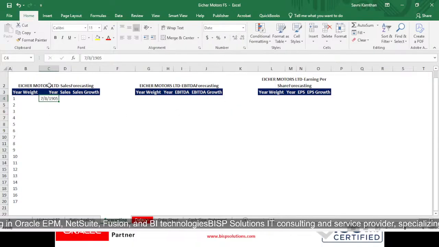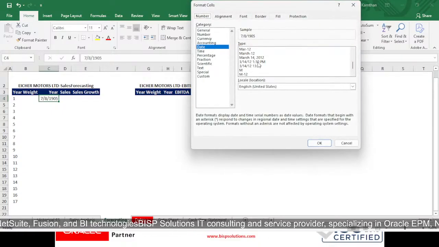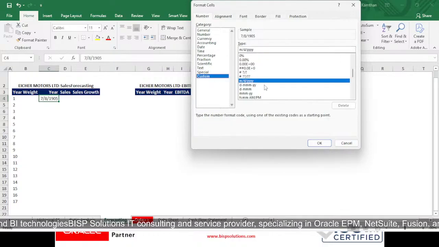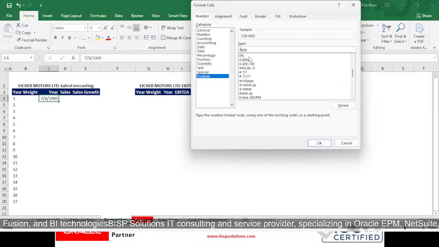So this is what the short date is, and if we click Control+1 and go to our date, and after that we go to custom, we will be changing our date format to only YY, just a second, like that.